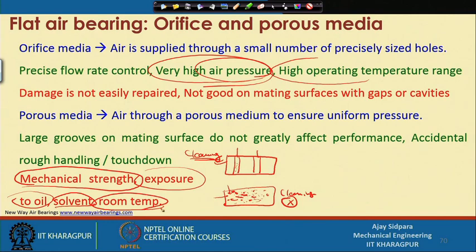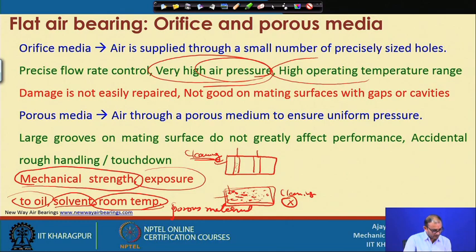Room temperature is also important, because now it is very porous material, so its surface area is very high. Porous material is temperature sensitive. So, it is better to operate at room temperature. If you want to operate at high temperature, what you have to do?